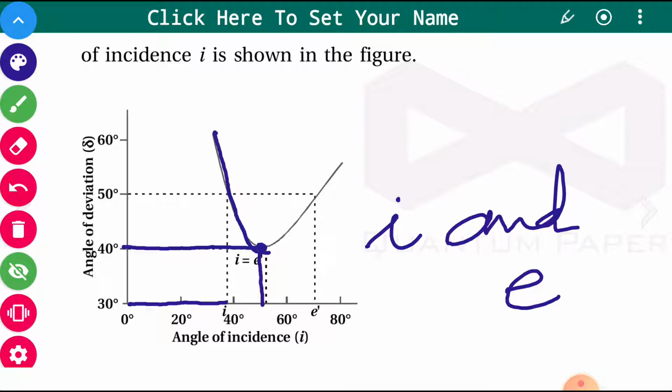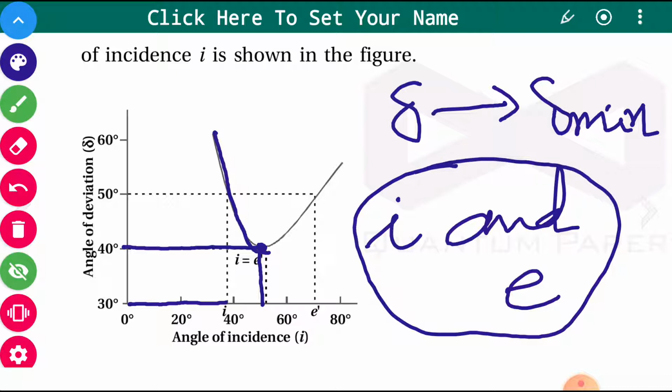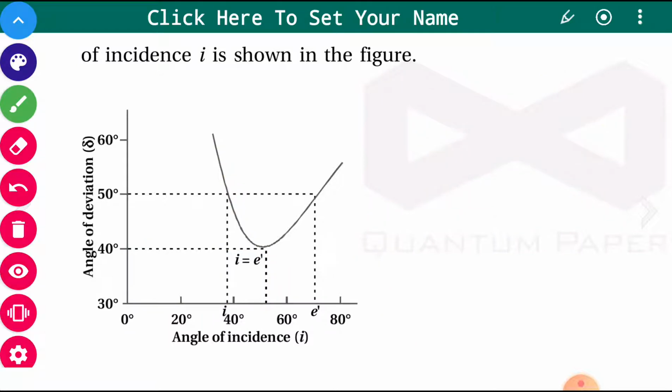So when delta becomes minimum, at that time I and E are found to be equal. Or in other terms, when I and E are same, then delta is minimum. That is shown here in this figure.